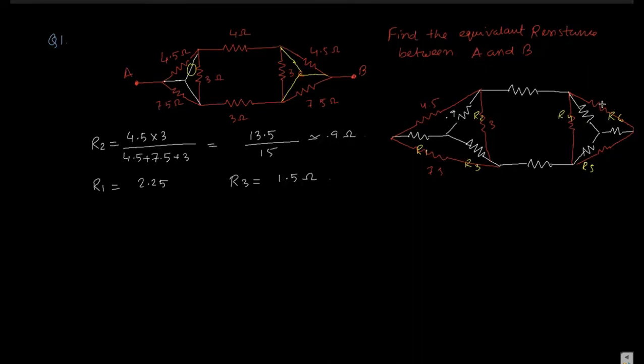R4 is nothing but equivalent to 4.5 and 3, that is, R4 becomes 0.9. Okay. So R5 becomes, this was 3, this was 7.5. So 3 into 7.5 means it becomes 1.5, and it becomes how much? 2.25.